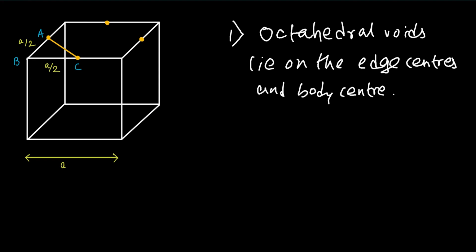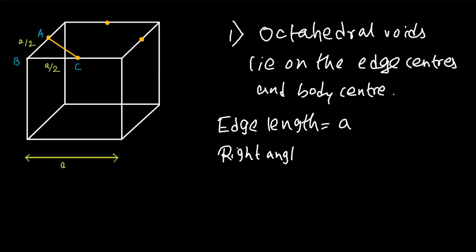Okay, so you are given that the edge length or the cell edge is small a. Now you can see that since I have joined AC, it forms a right angle triangle ABC.